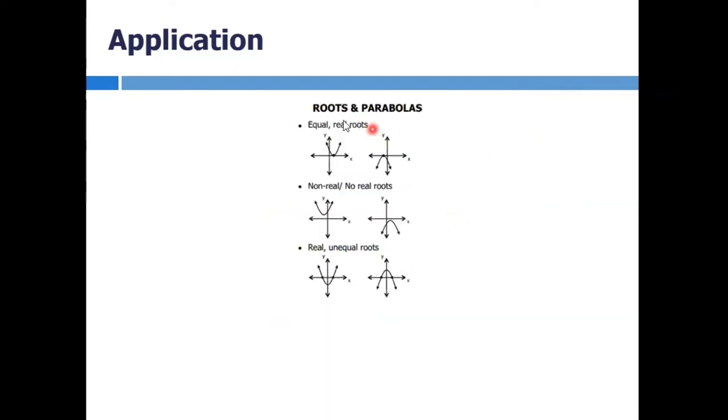The next thing they talk about is roots. And please, I want you to realize roots will become more prevalent when you're in grade 11. But what they're talking about when they say roots is solutions, or we did mention it earlier, your x-intercepts. Notice if it turns on the x-axis, then there's only one x-intercept.